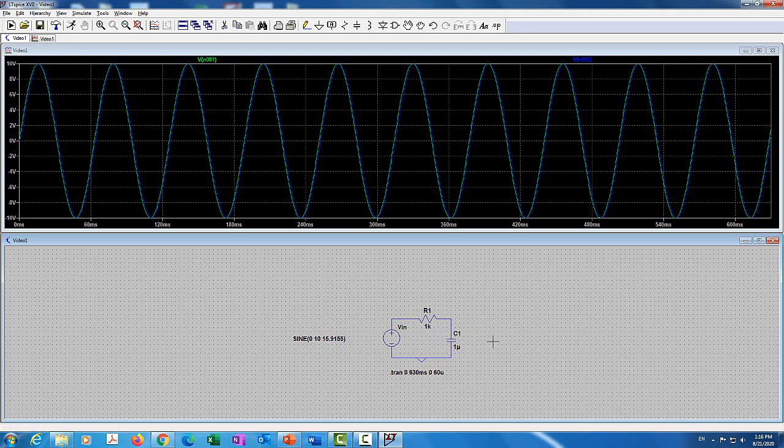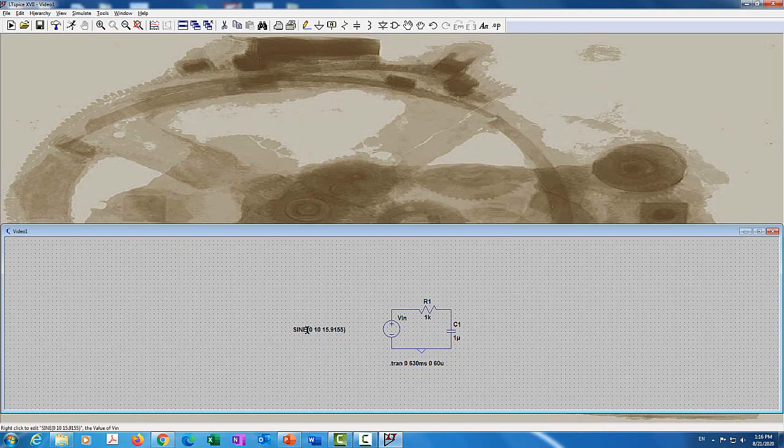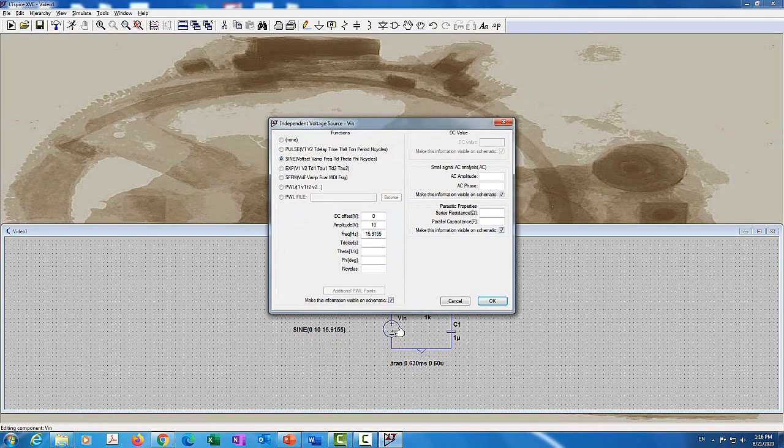Now what I'm going to do is make the frequency 10 times the cutoff frequency. So let's delete that. Then I'm going to come to the voltage and change it to make it 10 times. I'll put the period here, so it's going to be 1591.55.